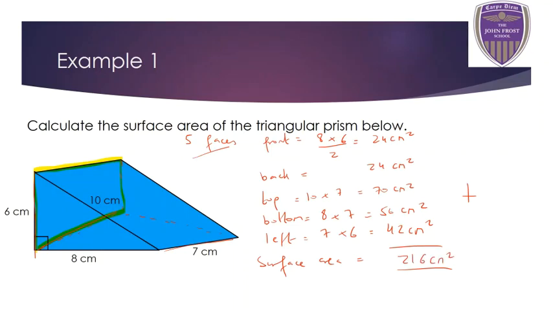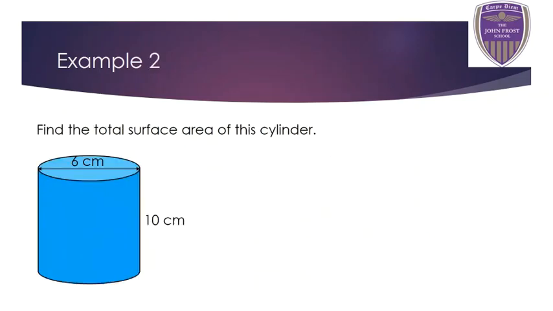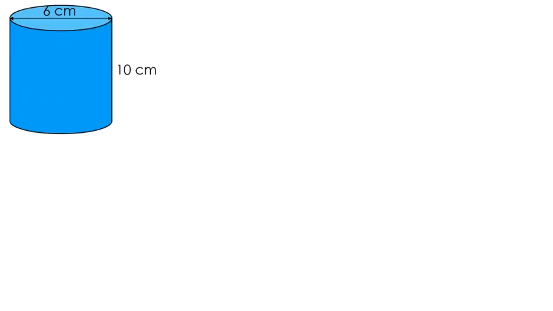Okay, job done. Example 2 then will be more complicated. Pause the video and draw this cylinder first, then come back when you're ready. Okay, welcome back. I'm drawing the cylinder on a blank slide because this needs some working out, some serious thought. A cylinder, if you think about it, has got 3 faces.